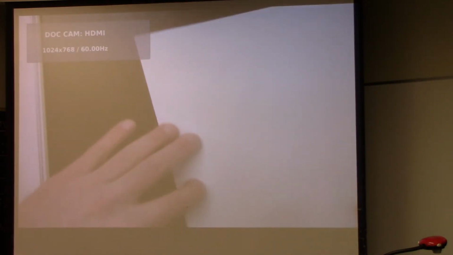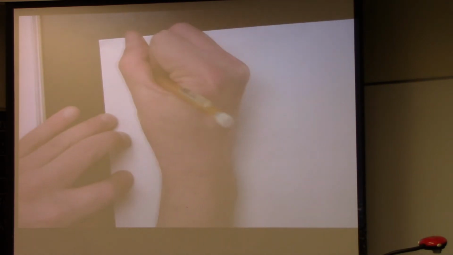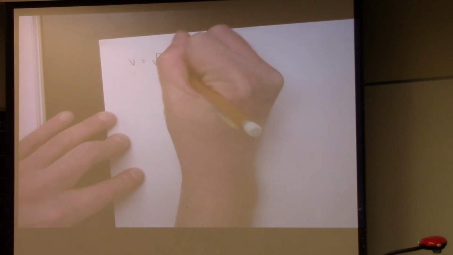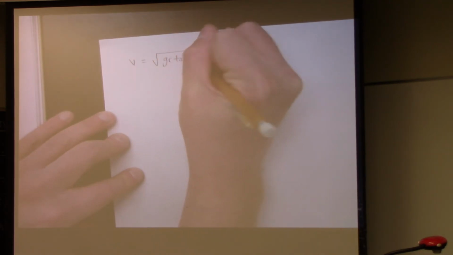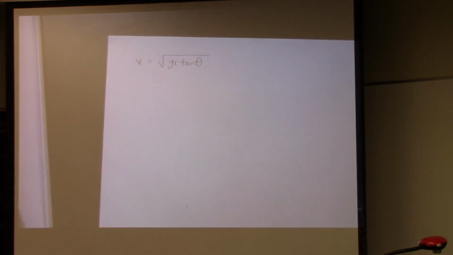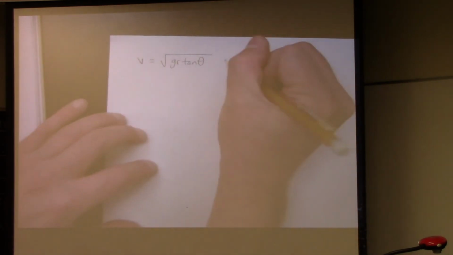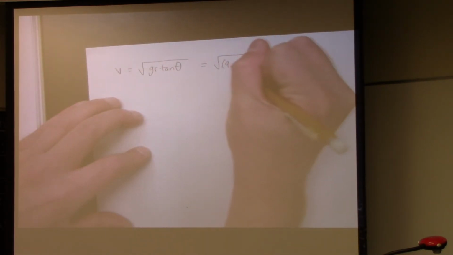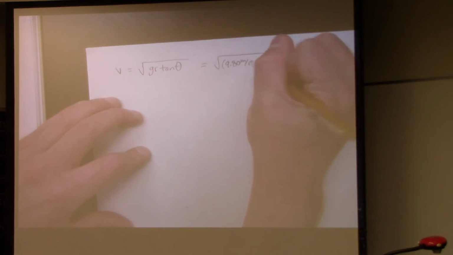Okay, so the formula that we just derived for the rated speed is equal to the square root of g times r times tangent of theta. That is the rated speed of the banked curve. All we're doing here is plugging in what we know, which is the square root of 9.8 meters per second squared.